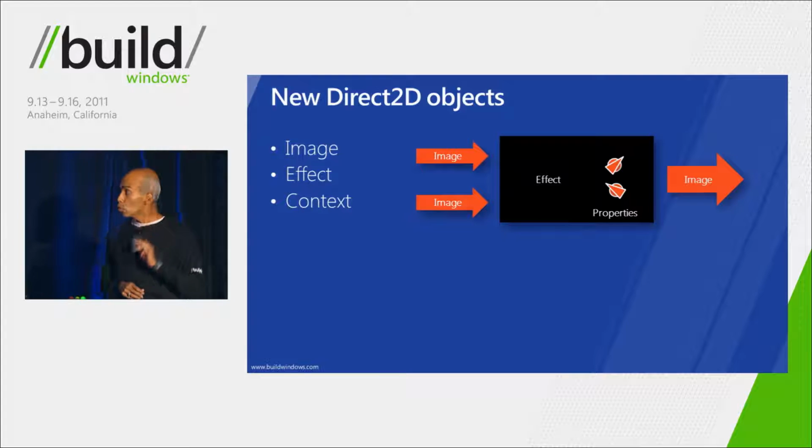There are 3 new objects that you would use. First one is the concept of an image that is an input to an effect or an output of an effect. The second concept is an effect that transforms 0 or more input images to produce an output image. And then the third concept is context.